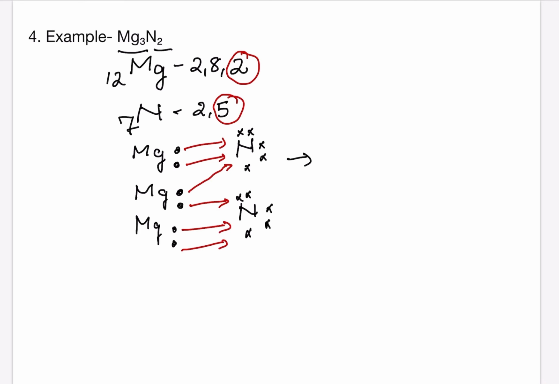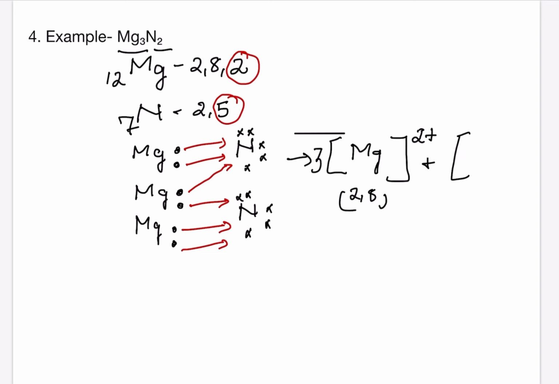So we can show it. Next step is to enclose magnesium in a square bracket, and we write 3 magnesium over here. Why? Because there are 3 magnesium, and 2 plus. Why 2 plus? Because each magnesium is giving 2 electrons, so 2 plus. Now its electronic configuration will become 2 and 8 plus, and then in the bracket we write down 2 here because 2 nitrogen is there.